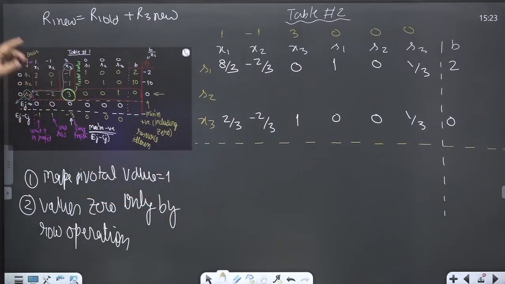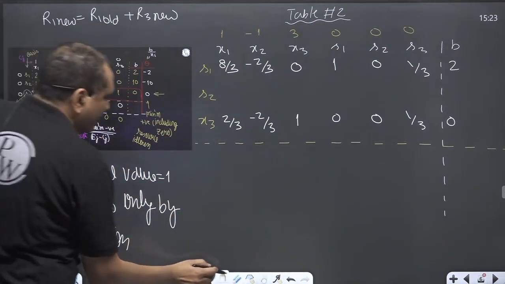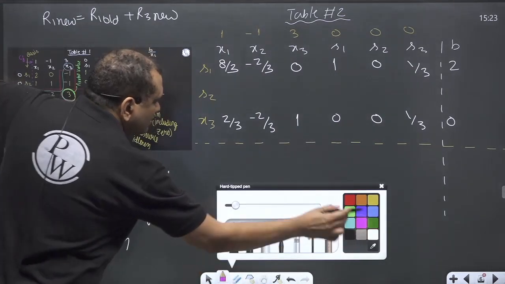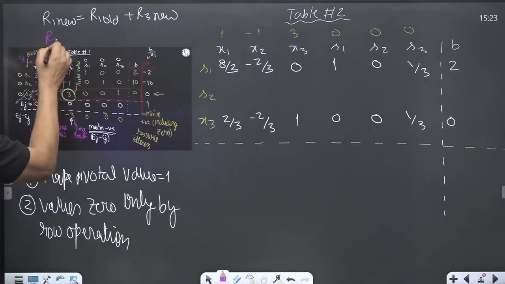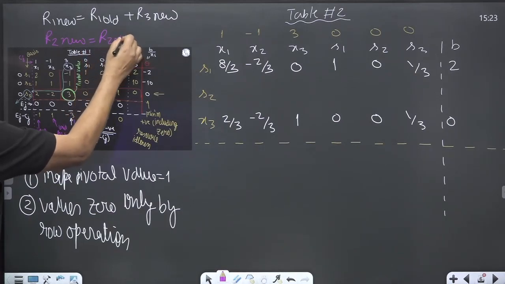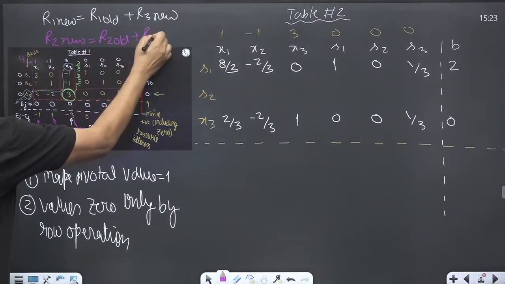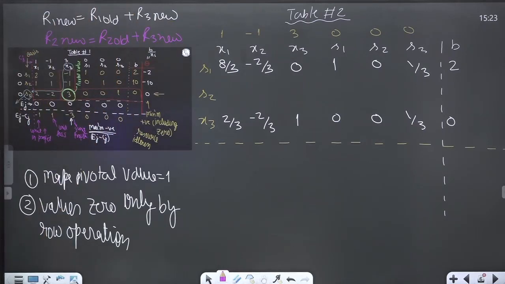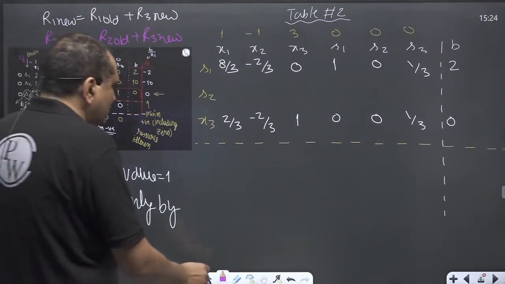So this is 0. Now make this also 0. Here also minus 1. So R2 new will be R2 old plus R3 new, because this is also minus 1.